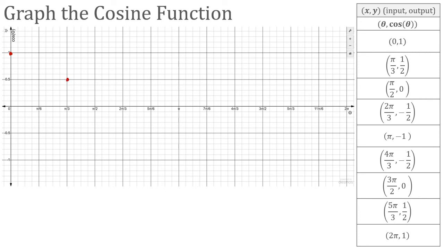Pi over 2, 0. 2 pi over 3, -1/2. You're seeing that pattern, a different pattern, but you're seeing something that looks familiar. 4 pi over 3, -1/2. 3 pi over 2, 0. 5 pi over 3, 1/2. And finally 2 pi, 1. All right, so I'm going to connect with a smooth curve, and it's going to look something like this.